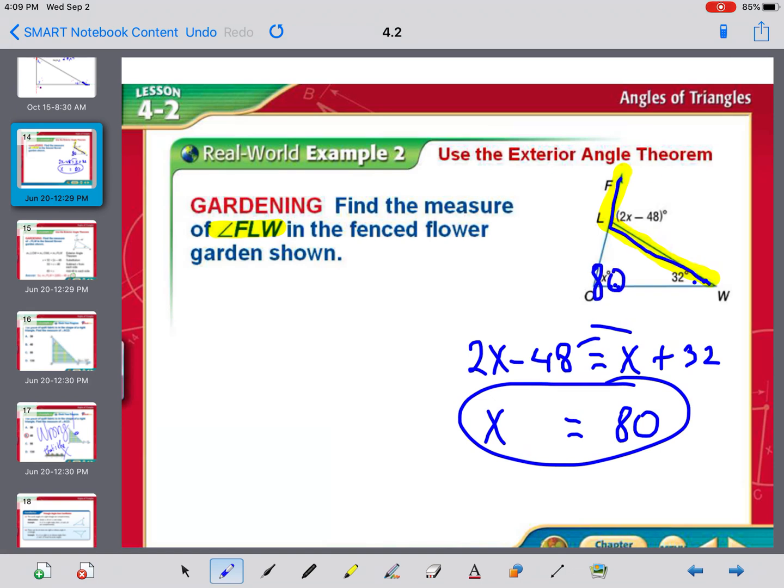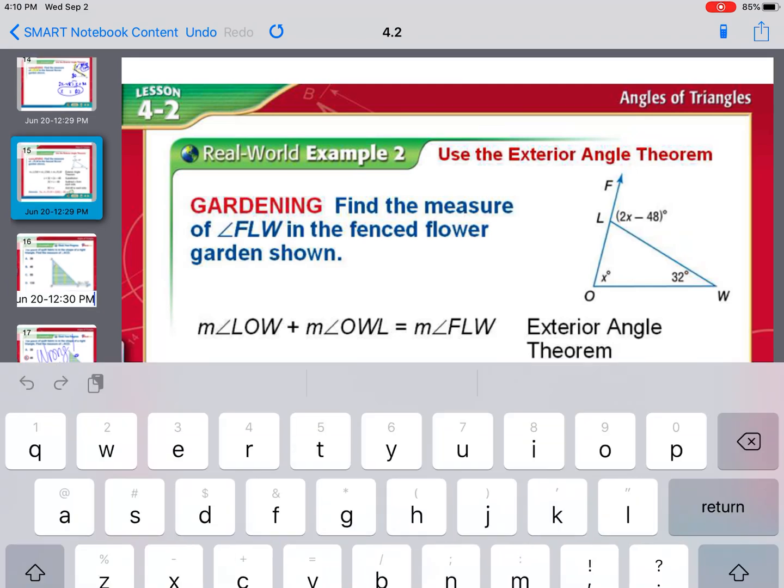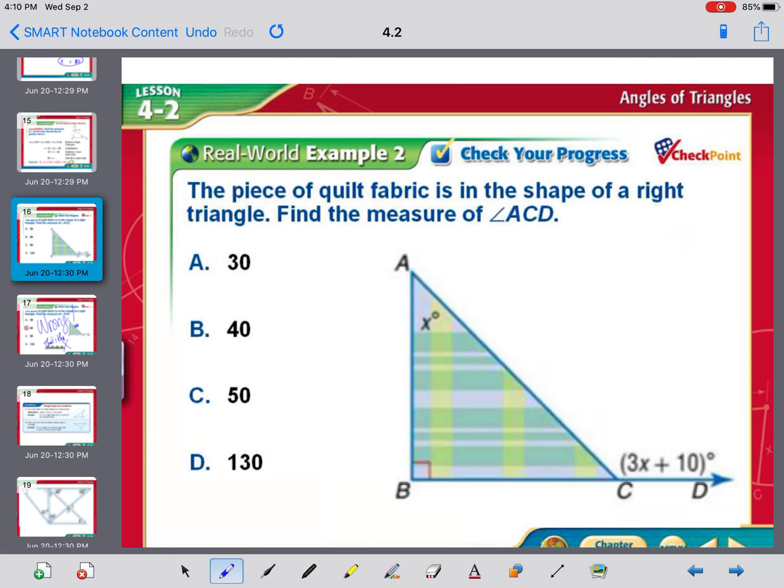Is that what they asked me to find? No, it wasn't. They asked me to find this angle. Now, it turns out that's 80, but that's not what they asked me to find. So if I put 80 in there, I get 160 minus the 48. What is 160 minus 48? I believe it's 112. And that is your answer. 112. Yes.